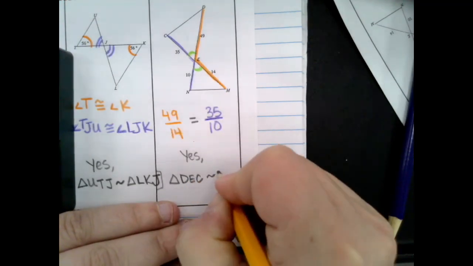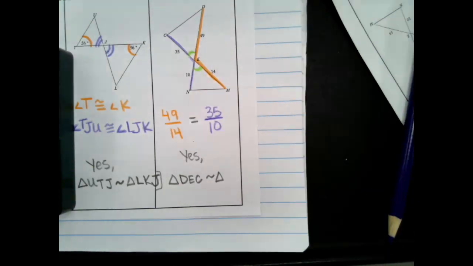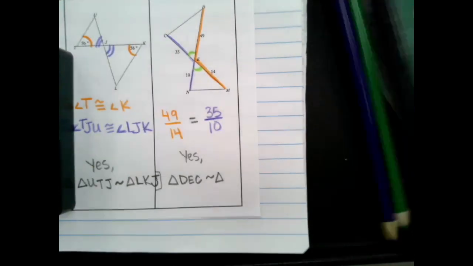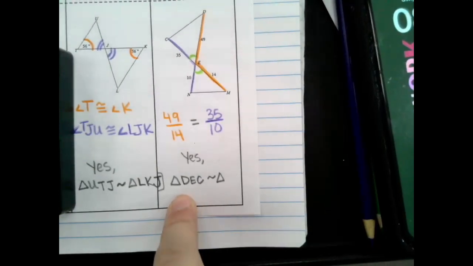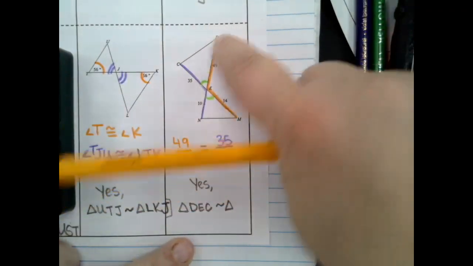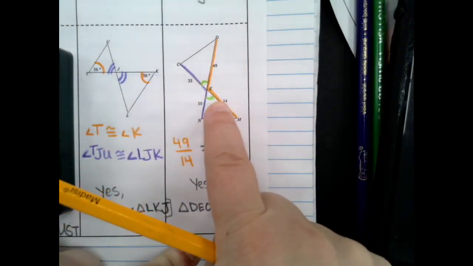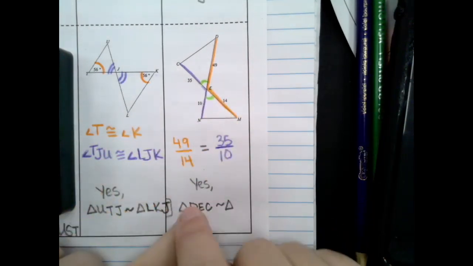Is similar to triangle. So for the second part here, I need to figure out what matches with D. D is at the end of that 49. And 49 matched with 14. So what would match with D?